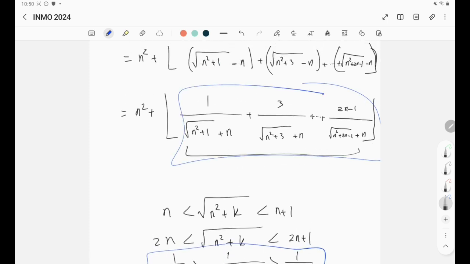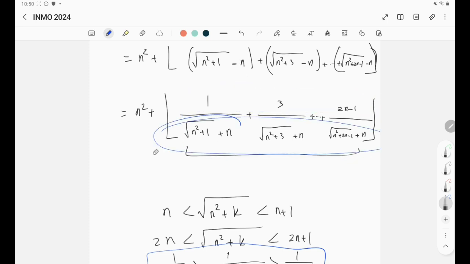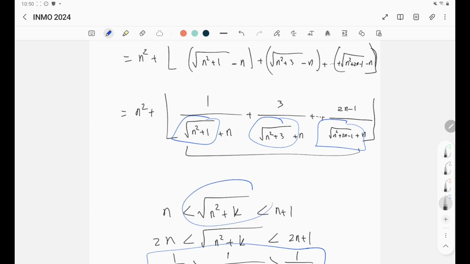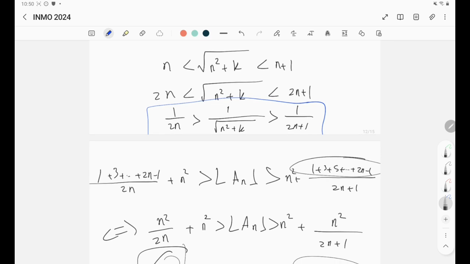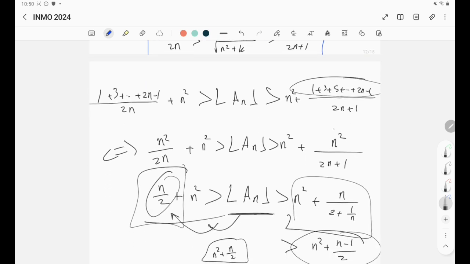How can we work with this? This is so ugly. These guys are nice, but the denominators are very ugly. So what we did was simple. We used a dumb inequality, to get rid of them and make them very simple, which is simply that root of (n squared plus k) is greater than n, less than n plus 1. Once we did that, we were able to find this very nice thing, and when we plugged it in, we found this inequality here.